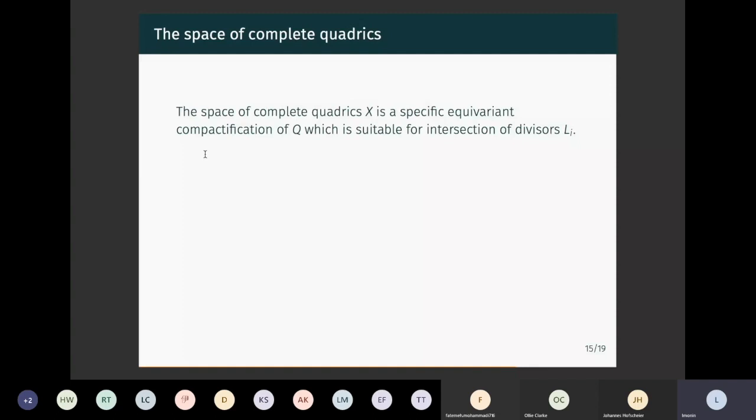In other words, if you have an enumerative problem about quadrics being tangent to certain linear planes inside Pn, this problem can be interpreted as the intersection of a monomial in the Li's, and the space of complete quadrics is a compactification well suited for such intersections.